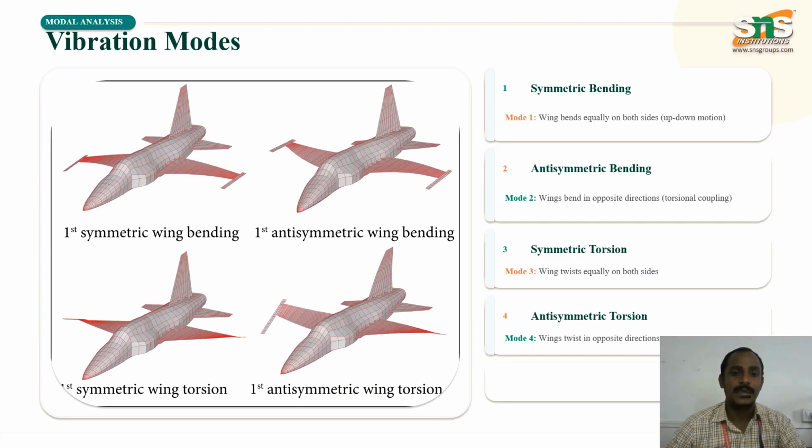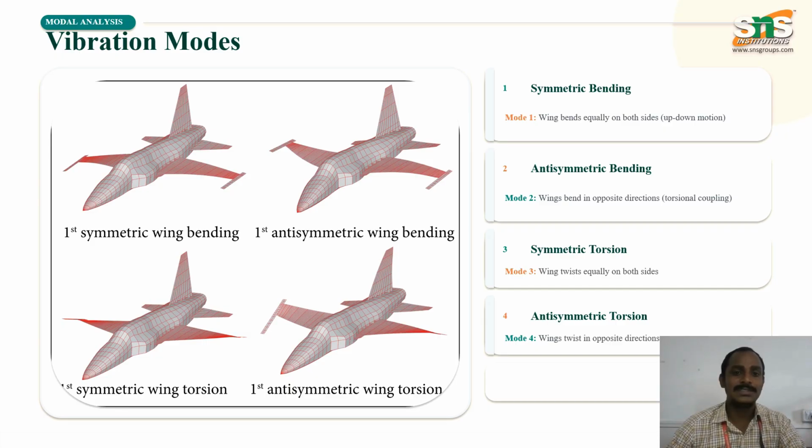Next, coming to the vibration modes, an aircraft wing exhibits several important vibration modes. The first is symmetric bending, where both wings move up and downward together. This is often the fundamental mode of vibration. The second mode is asymmetric bending of the wing, where one wing moves upward while the other one moves downward, creating a complex wing structural interaction.